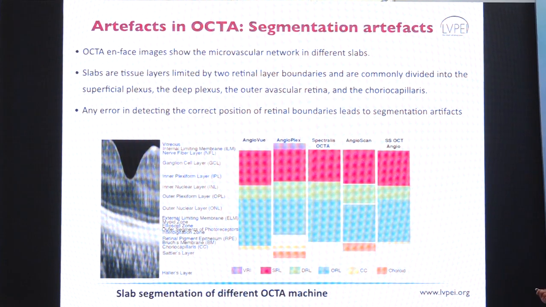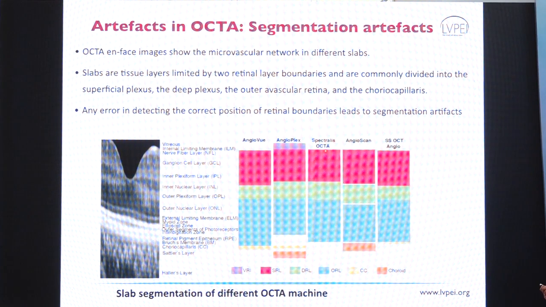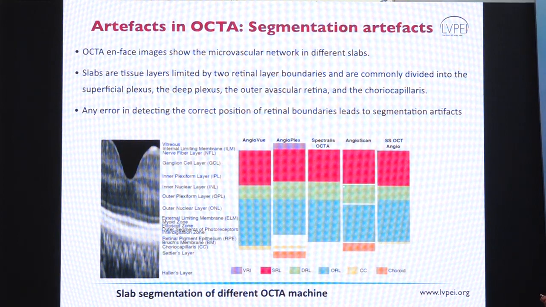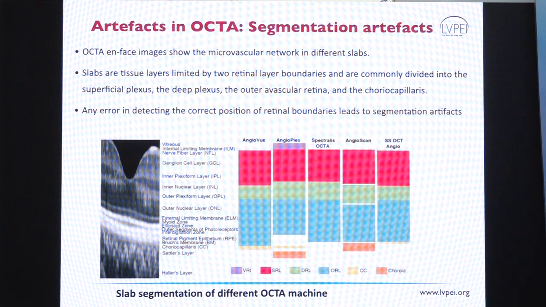So if you look at the comparison of Angioplex versus Spectralis versus AngioScan, the level at which they are calling superficial may be different from what another machine is calling superficial, and what they are calling ORCC start is not the same as another machine. So when you're moving patients from one machine to another, or when you're interpreting patients with scans coming from different machines, just keep this in mind that the slabs may not exactly be accurate.